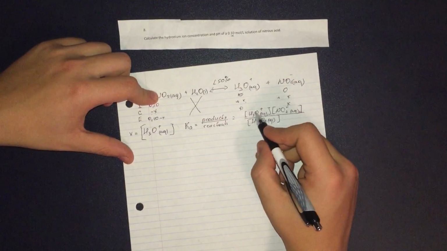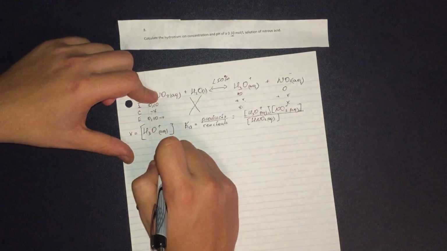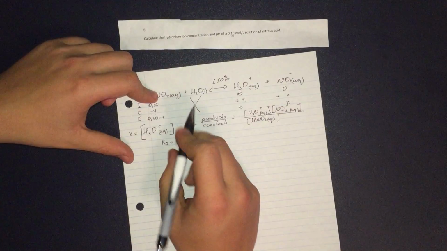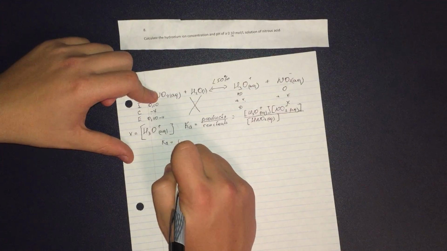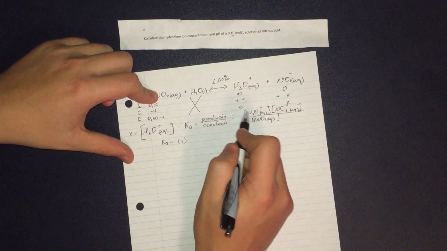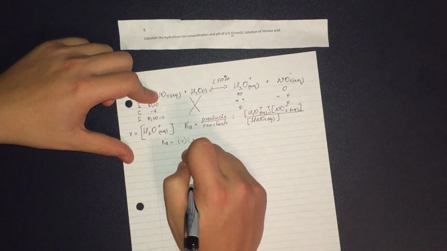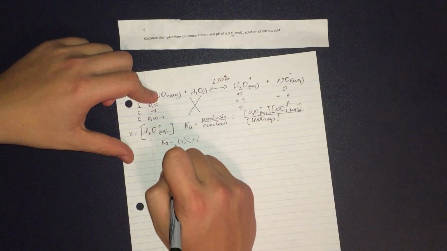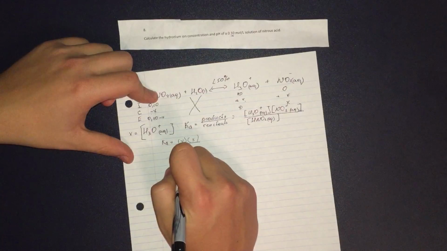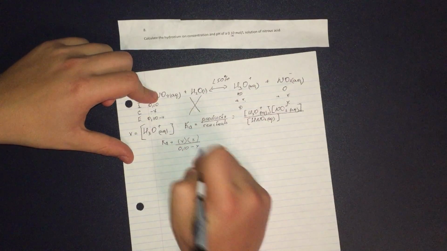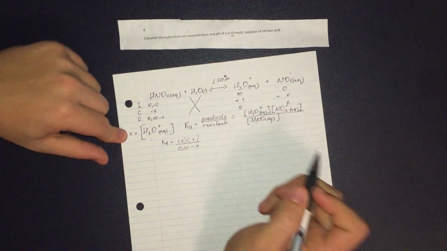And over here, just put everything what we have. Ka is equal to x for hydronium times x for NO2 divided by 0.10 minus x for our nitrous oxide.